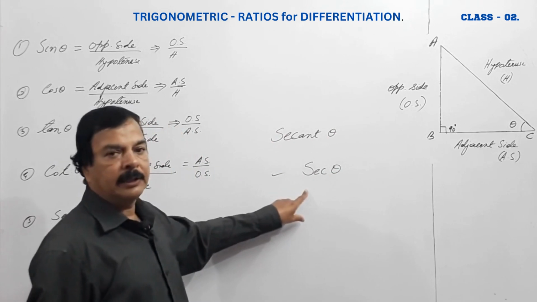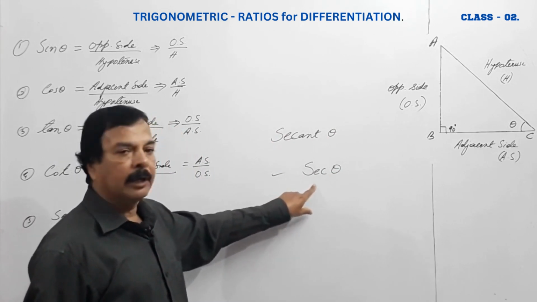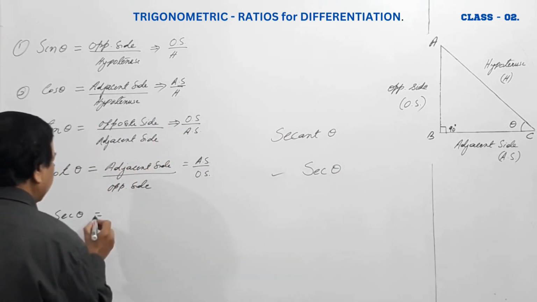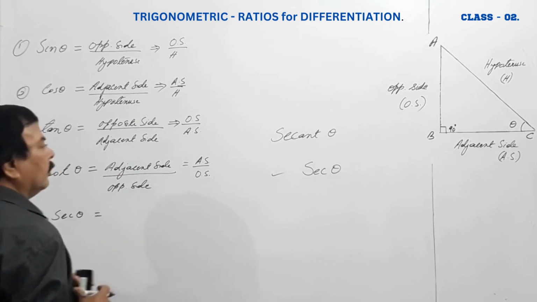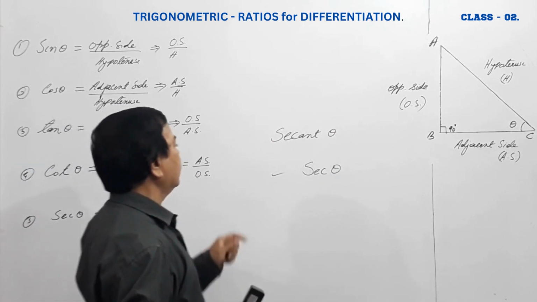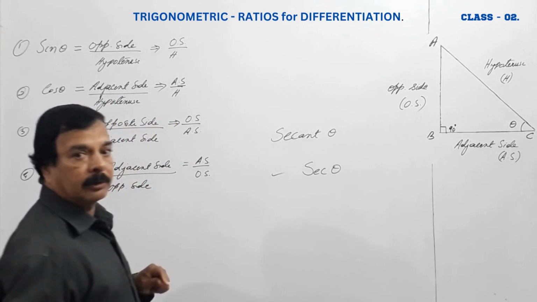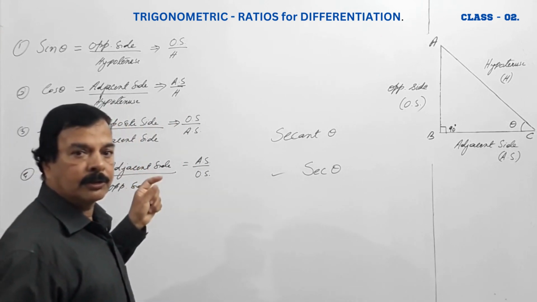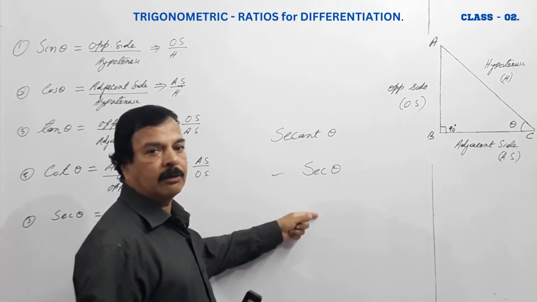Even if you write SEC, no issues. So secant theta is equal to what? It is the reciprocal of cos theta, that is cos theta equals 1 by secant.